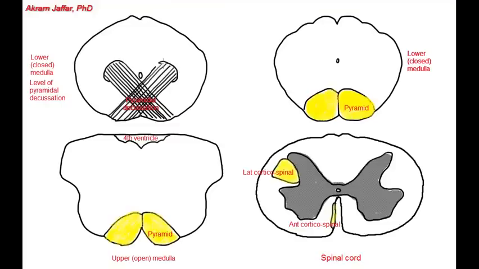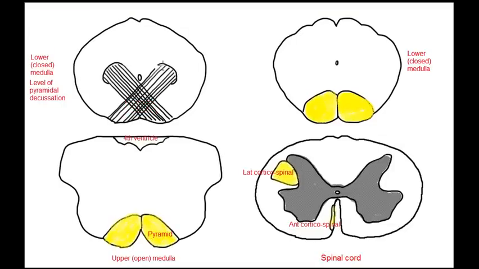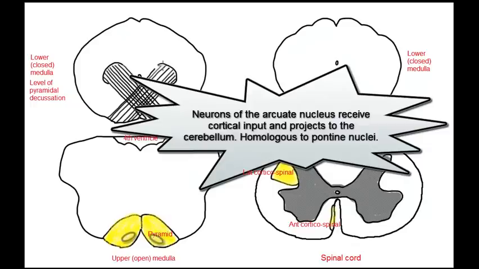Most of the fibers, as I said, decussate at the level of the decussation of the pyramid in the closed part of the medulla and form the lateral corticospinal fibers. Those that do not decussate form the anterior corticospinal fibers in the anterior white column of the spinal cord, and then all these fibers terminate on anterior horn cells of the spinal cord. It's a crossed tract.